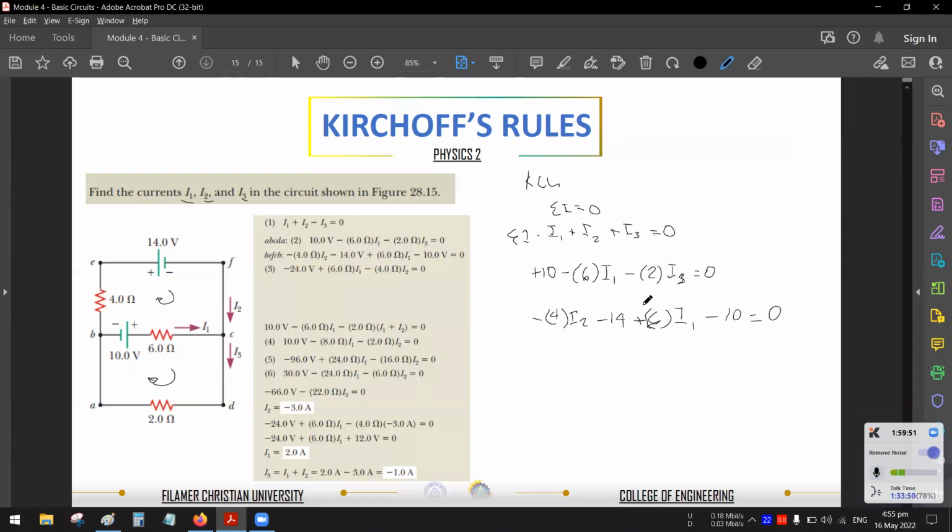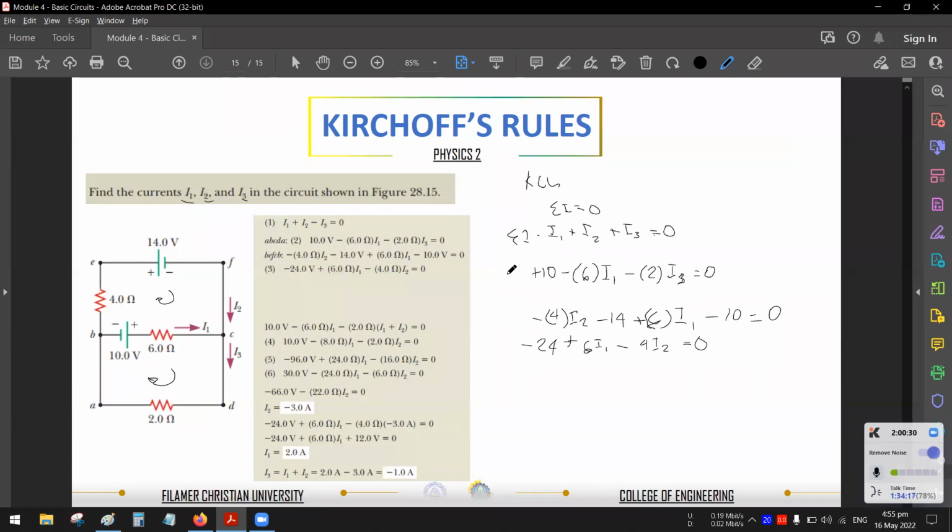So, therefore, we can have equation 3 natin. So basically this is negative 24 plus 6I1 minus 4I2 equals to 0.